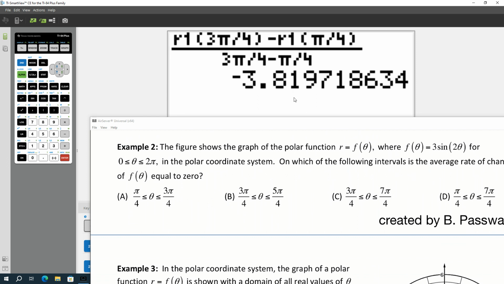So it's not it. That's not going to be 0.